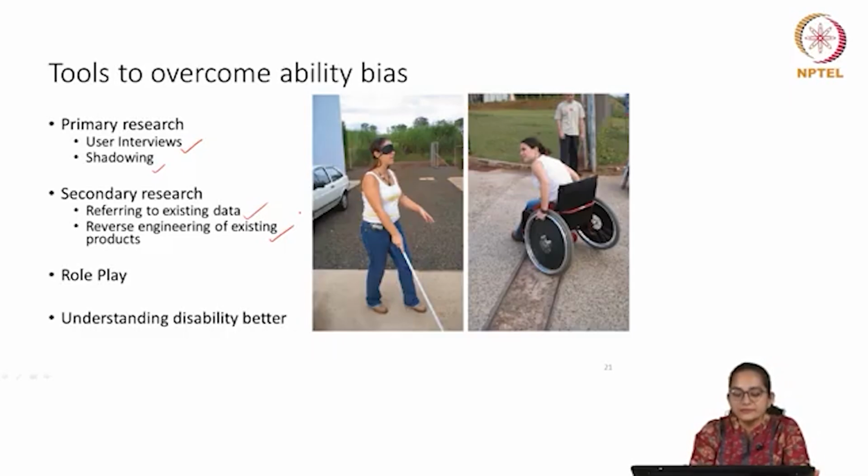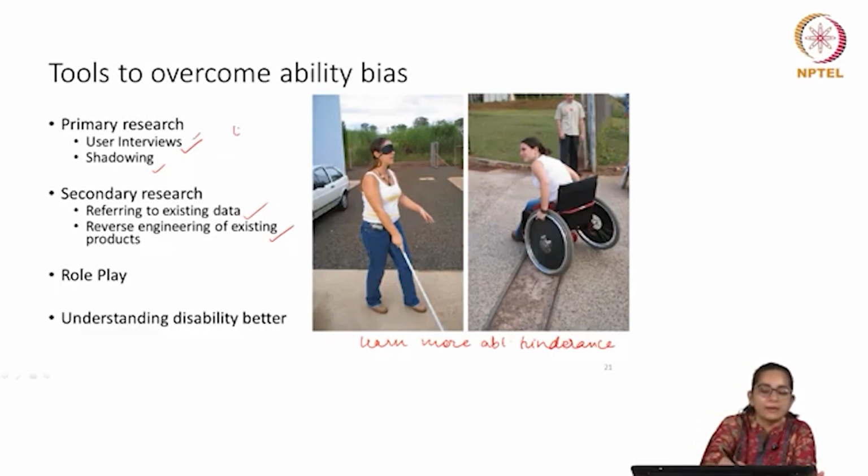It definitely may help you learn more about barriers or hindrances, but probably it will not give you insights about the aspirations, the frustrations, the emotional aspects. For that, interviewing and empathy mapping are the most important tools.